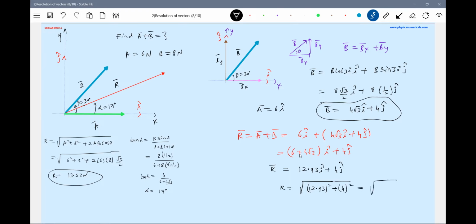Finally, I'll end up with 167.2 plus 16. So the rough value of this will be 13.53 approximately. Same answer.